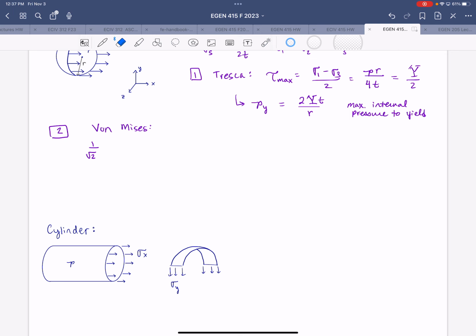So that's 1 over the square root of 2 times, since we are working in terms of principal stresses, we can use the simplified version of the equation for the principal state. So sigma 1 minus sigma 2 quantity squared. And we don't have a sigma 3, so the other two terms are just going to be sigma 2 squared and sigma 1 squared.